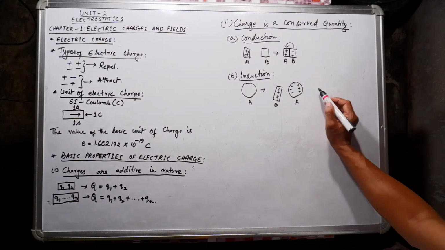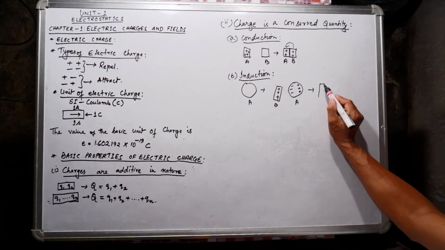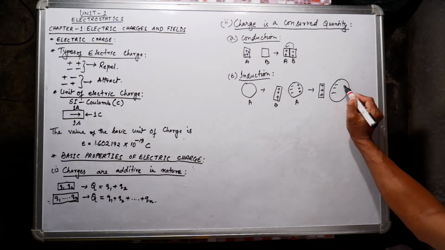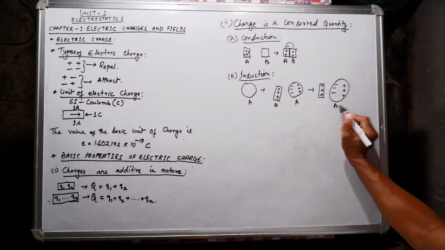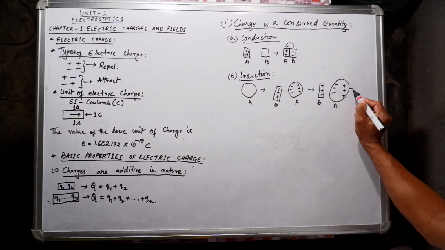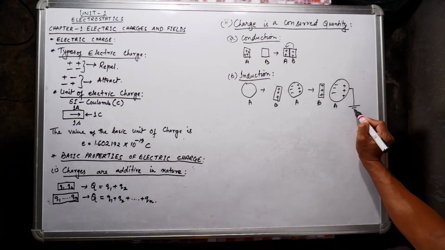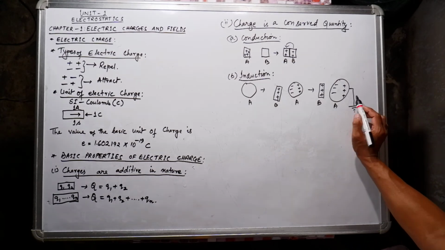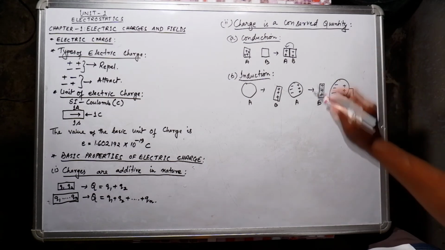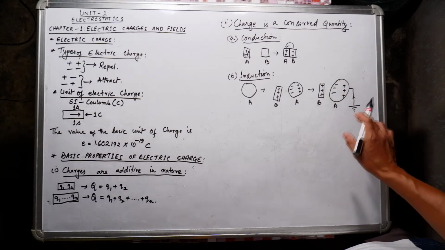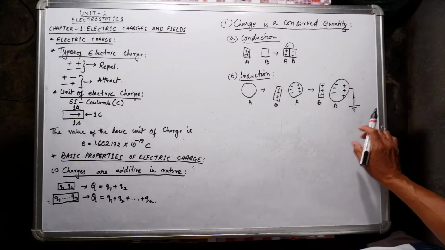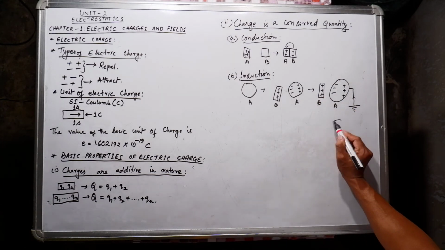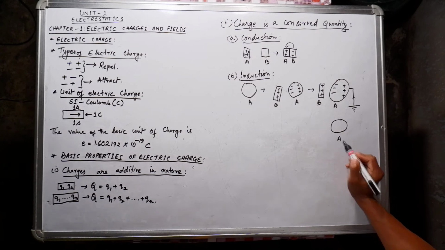Now, let us say this is A, this is B. If you connect body A to the ground, some of the free electrons from the ground will start to flow towards body A, and they will neutralize the positive charge of body A. As a result, if you remove body B, then body A will become a charged body.